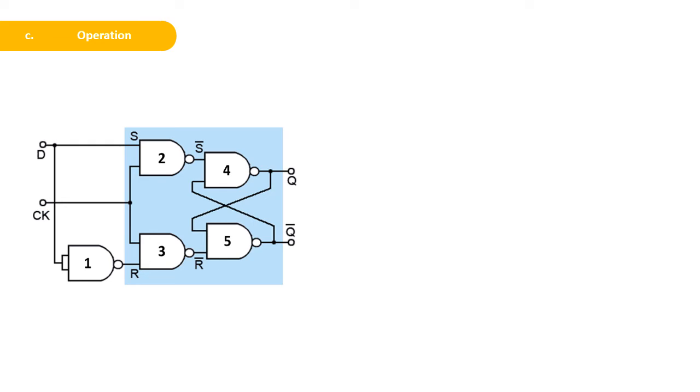Now we can check what happens when you apply D equal to 1. When D is equal to 1, S will be equal to 1, R will be equal to 0. Again, you have to ensure you are applying the trigger signal. Now the output of NAND gate 2 will be equal to 0 and NAND gate 3 output will be equal to 1.